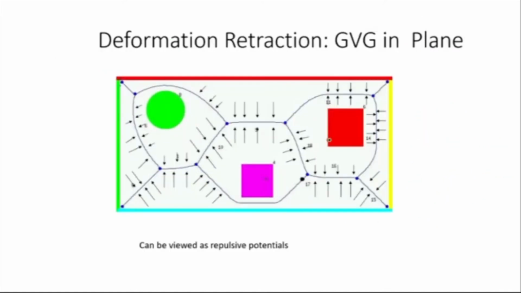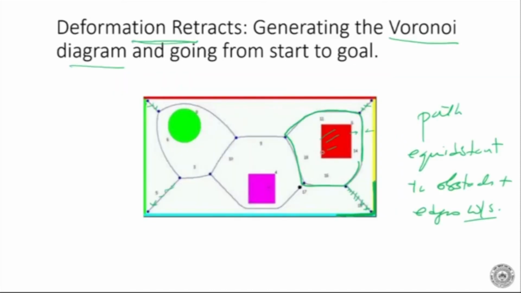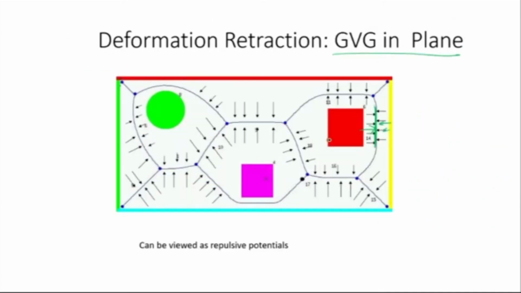And this is a deformation retract, because you can think of this side deforming in this direction and the object deforming in that direction, where they meet in between. So this is called the deformation retract, or generating the Voronoi diagram, and it is very often called the generalized Voronoi diagram.